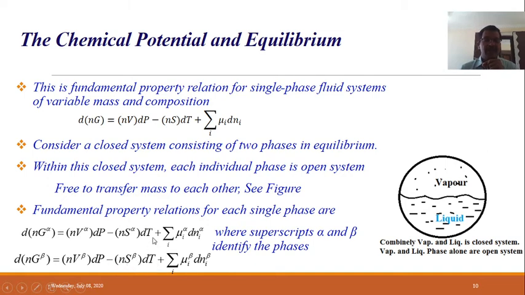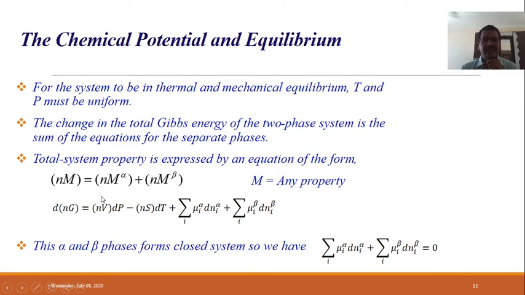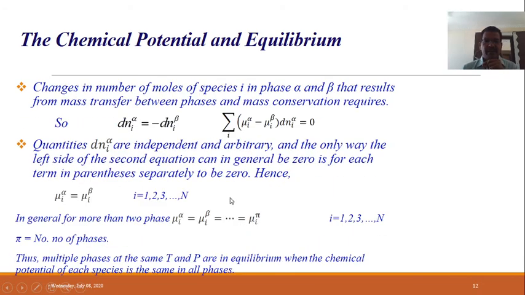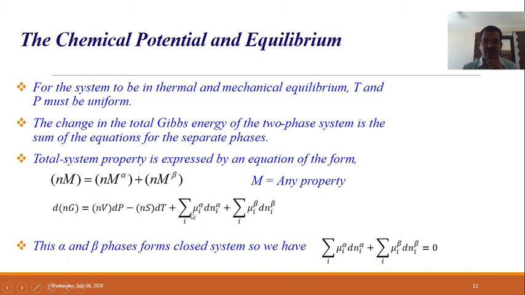Here you can take minus dT out common, and in the bracket you will have NS alpha plus NS beta. So this is again analogous with this equation, where M is replaced by S. So you will get NS dT here, and finally these two terms are simply added together: summation of mu i alpha d(ni alpha) plus summation of mu i beta d(ni beta).